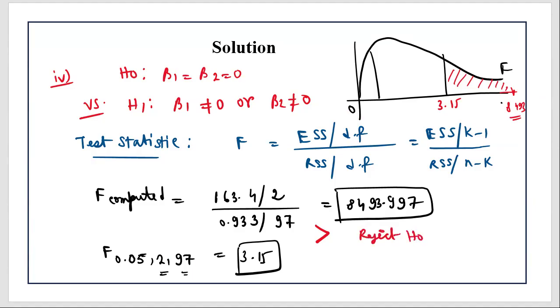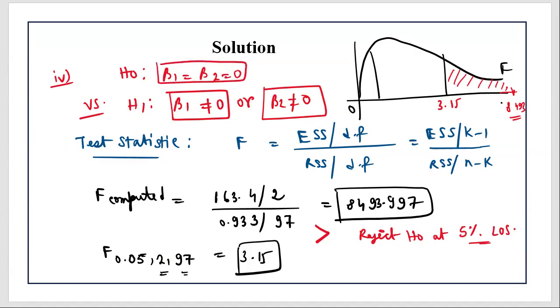We will reject H naught at 5% level of significance, and we will conclude that either beta 1 is not equal to 0 or beta 2 is not equal to 0. That is, at least one of them will be statistically significant, right? Here the null hypothesis is saying that no variable is significant. X1 and X2, both the variables are insignificant, but that cannot be so, because we have got R square to be very high, right?